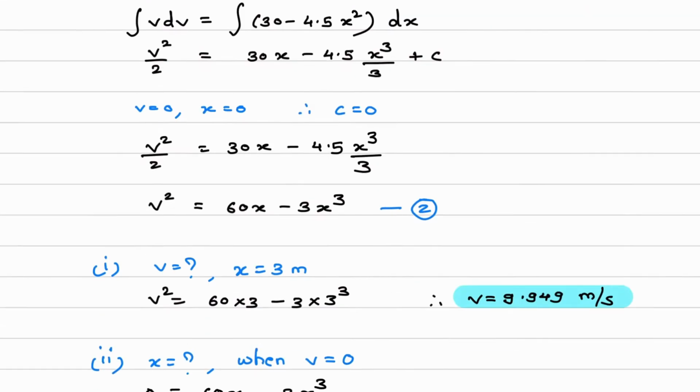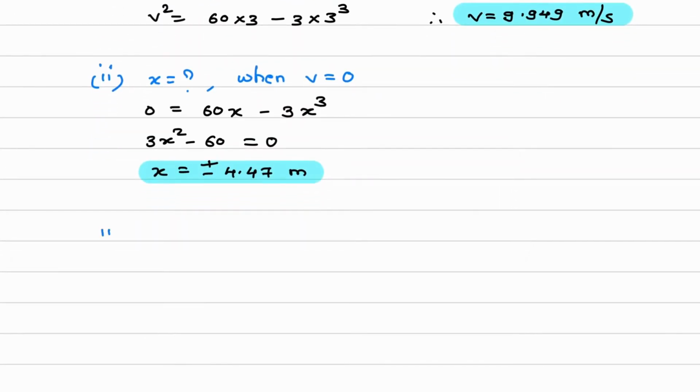So the third part is we have to calculate x when velocity is Vmax. You have to take differentiation of that and equate it to 0, so it will become acceleration. So acceleration is equal to dv by dt equal to 0.